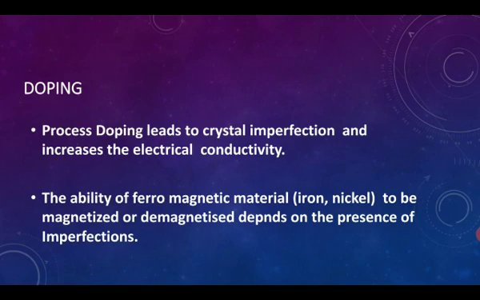The second point, the ability of ferromagnetic material such as iron, nickel to be magnetized or demagnetized depends on the presence of imperfections.